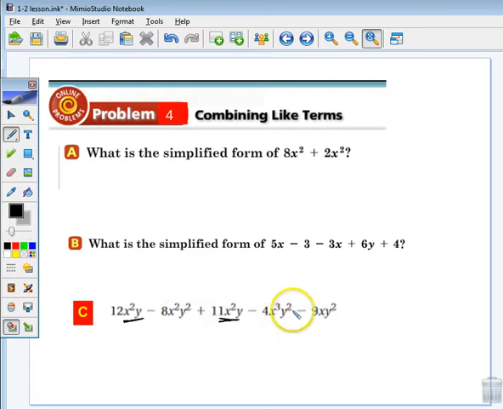Nothing else looks like this one, so everything else is different. So we can only combine 12x squared y plus 11x squared y, and that will be 23x squared y. And then we just basically rewrite everything else.